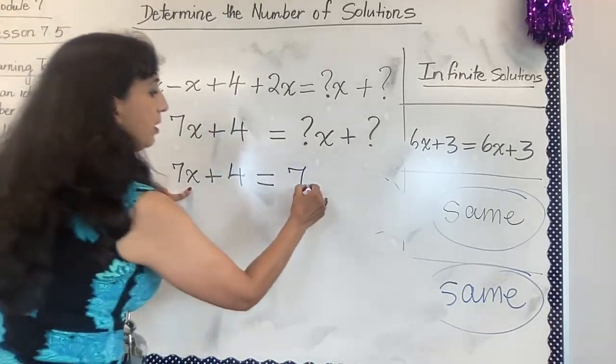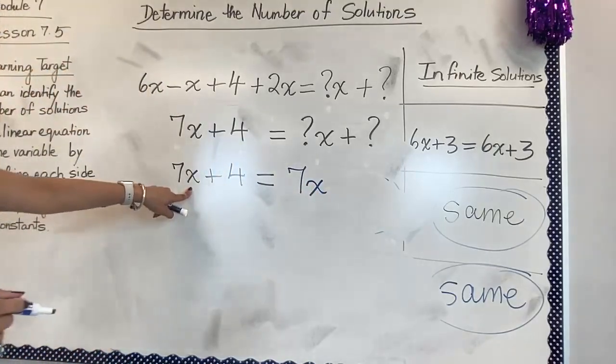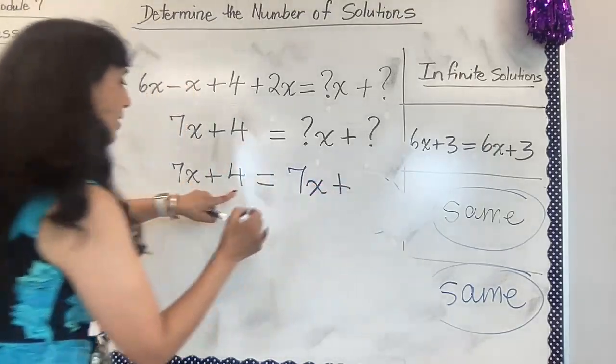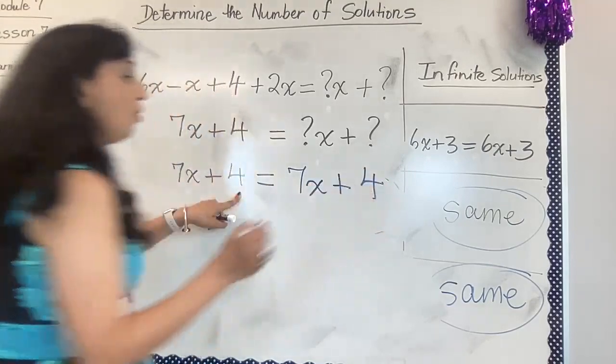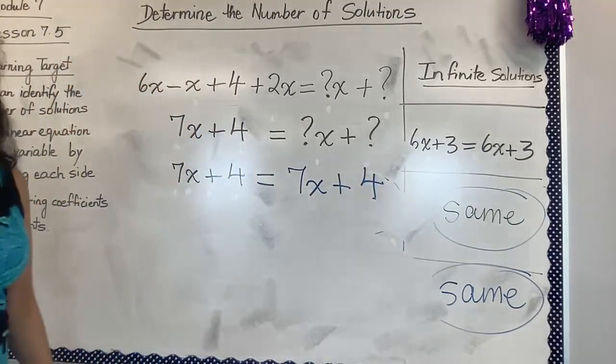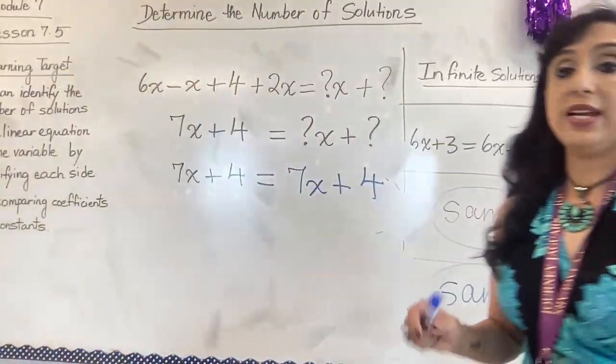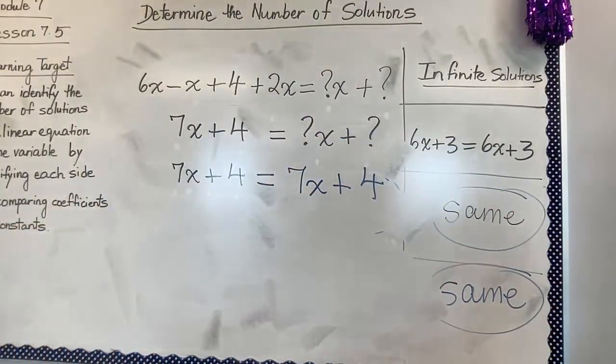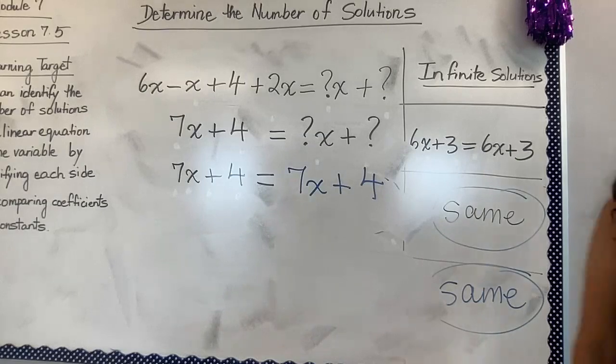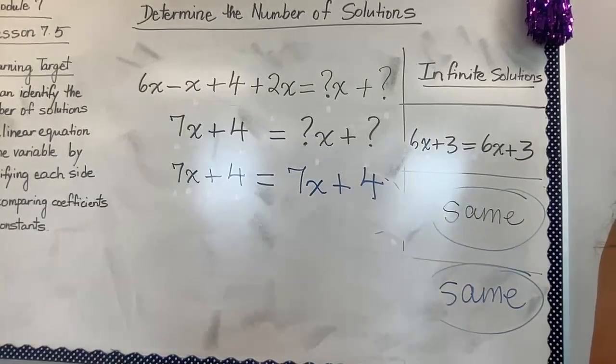Of course, the variable is the same, and plus, what's my constant? 4. So when this is it, then I know that this is going to be one with an infinite number of solutions. So 6x minus x plus 4 plus 2x is equal to 7x plus 4 is the equation with infinitely many solutions.